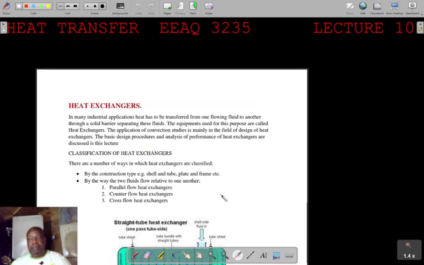We have another class of heat exchangers that is very important to chemical engineers, that is the cross flow heat exchangers, where the flow of the two fluids is at 90 degrees relative to one another.